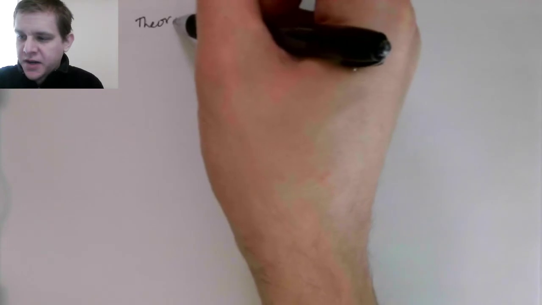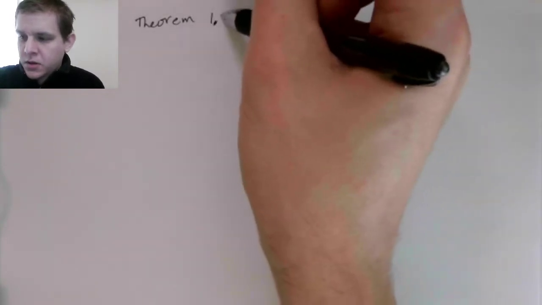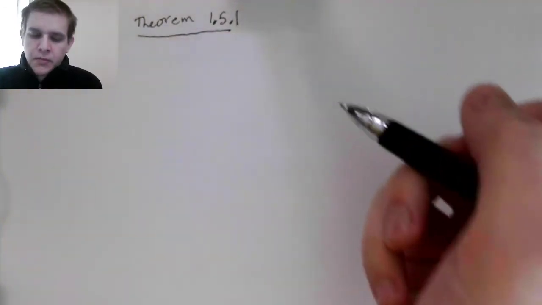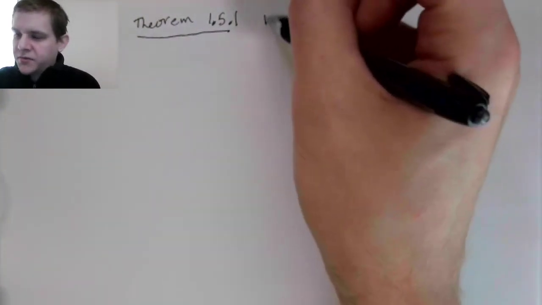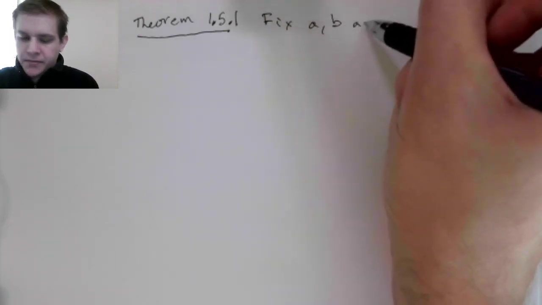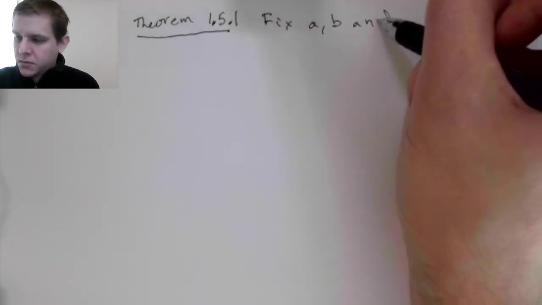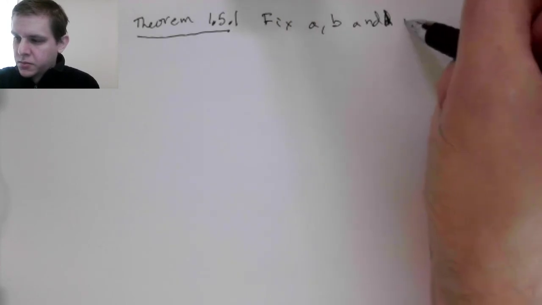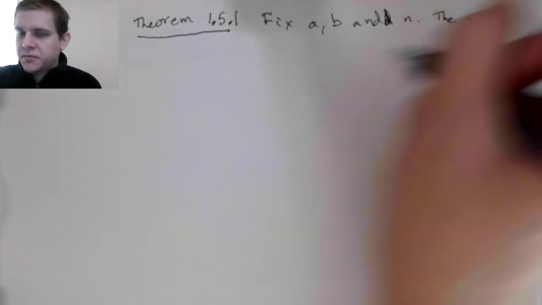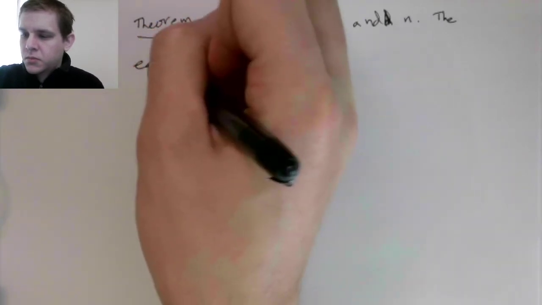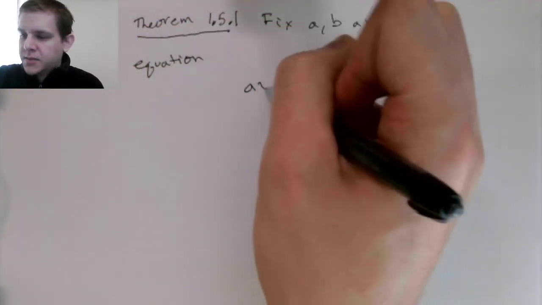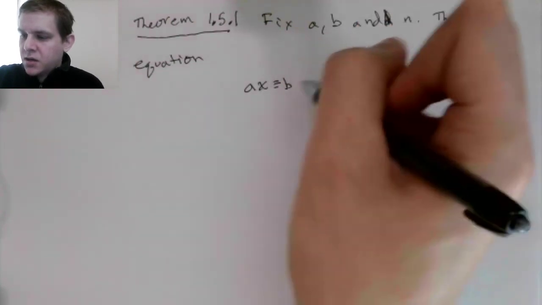We're in section 1.5 now, theorem 1.5.1. So fix numbers A, B, and n. So the equation A times x is equal to B mod n.